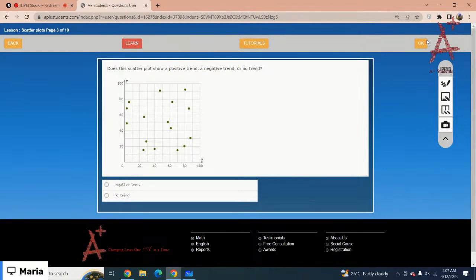Does the scatter plot show a positive trend, a negative trend, or no trend? It would be no trend. Got it? As x values are increasing, the graph is so scattered. Got it? That means the correct option is no trend.